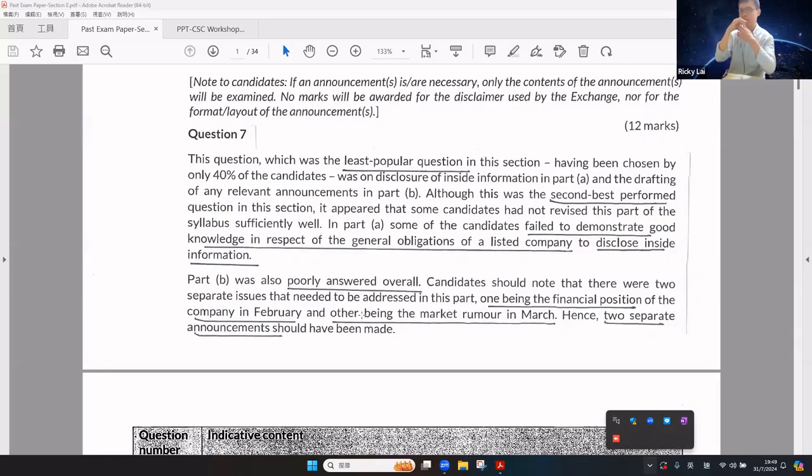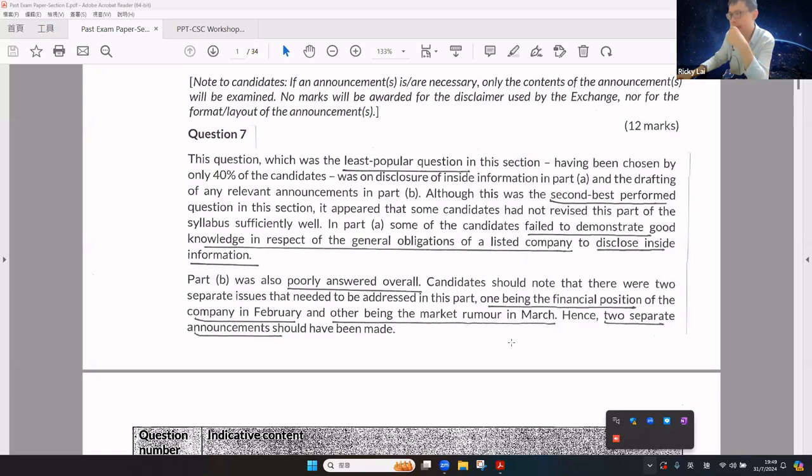Interestingly, even though only 40% of the candidates selected this question, it was the second best performed question in this section. Some candidates had not revised part of the syllabus, as they failed to understand what inside information is and how to disclose it.